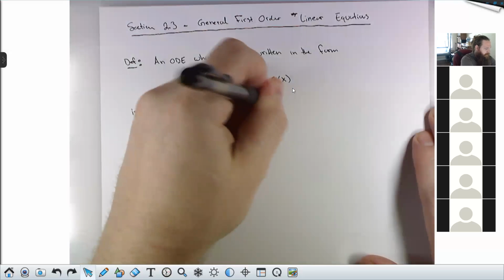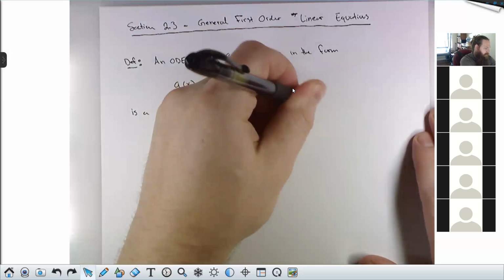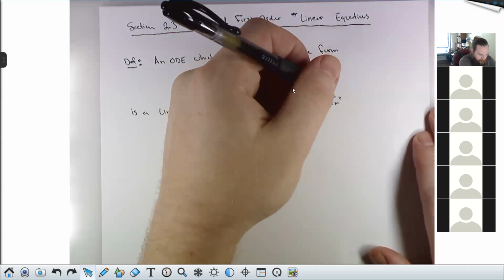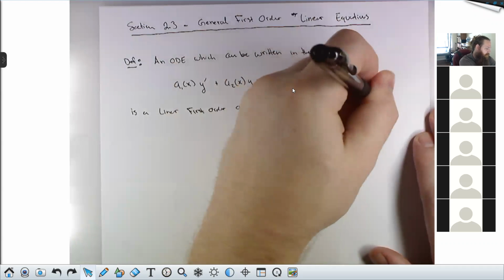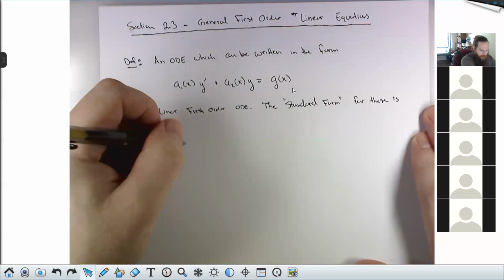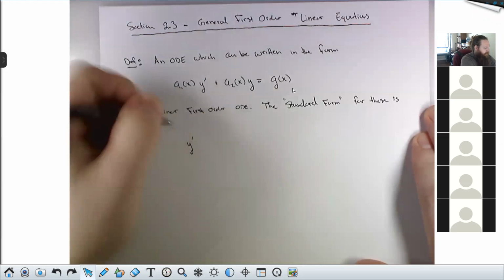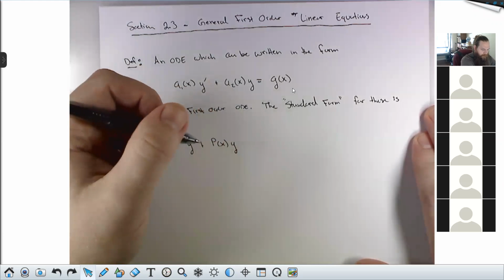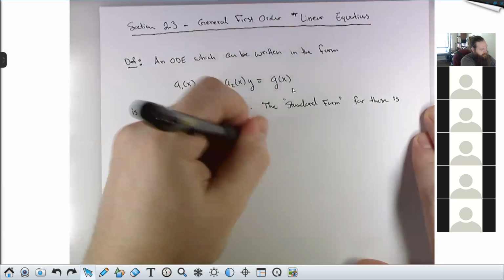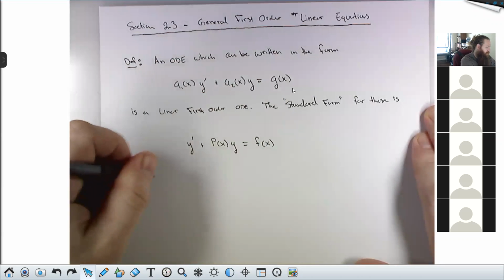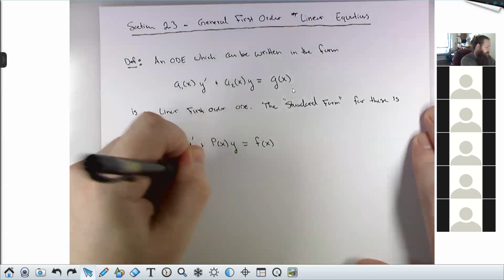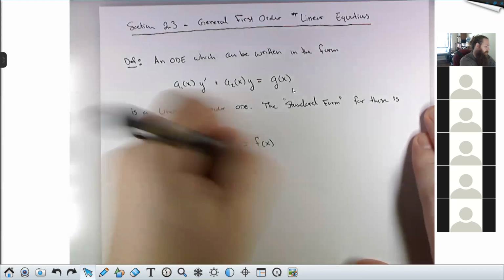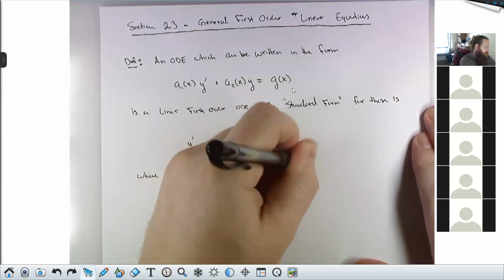The standard form for these, so your book calls it standard form, is y prime, or dy dx, I'm going to write y prime, plus p of x times y equals f of x, where, of course, p of x would be A2 over A1, and f of x would be g over A1.